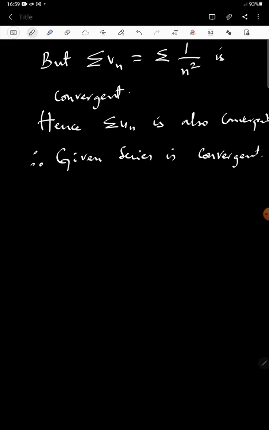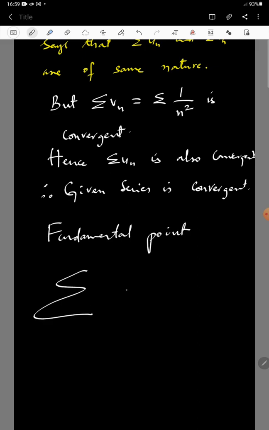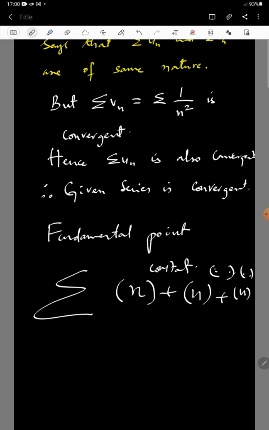You have several situations where you can use limit comparison tests. The basic fundamental point is that when you have sigma with n as the base and the power is a constant, plus some constant, constant by n to the power of some constant.